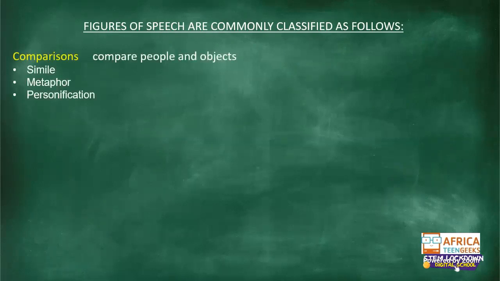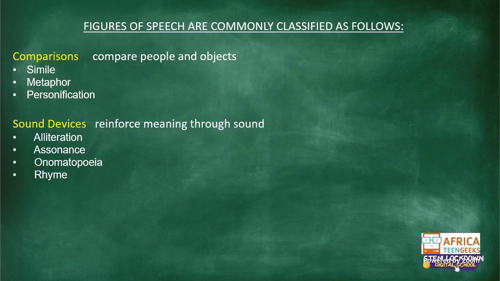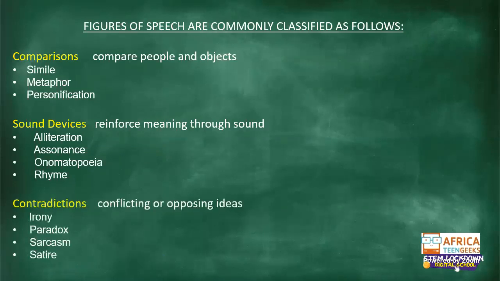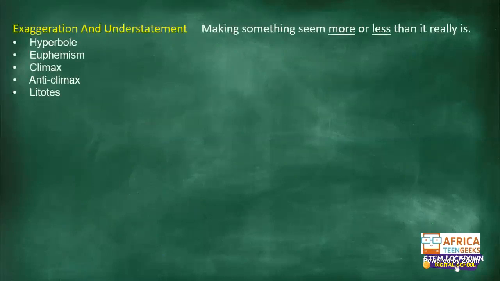We said figures of speech under comparison compare people and objects, okay? Figures of speech under sound devices reinforce meaning through sound. Figures of speech under contradictions are conflicting or have opposing ideas. And figures of speech under exaggeration and understatement make something seem more or less than it really is, okay?